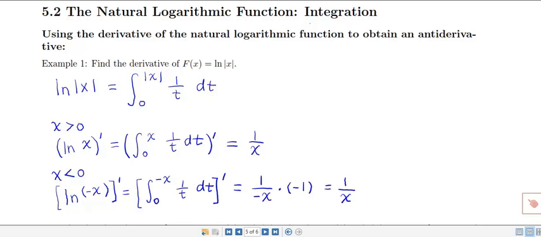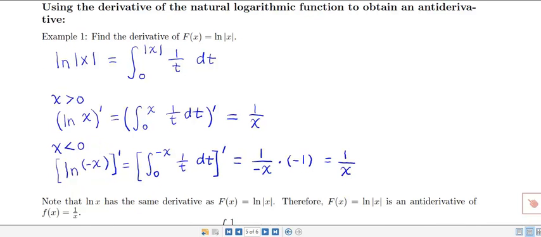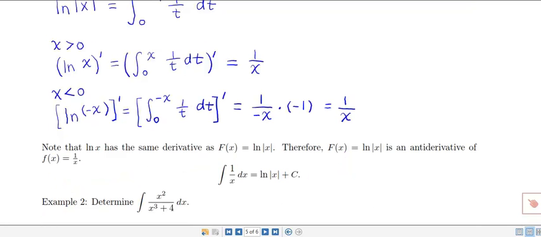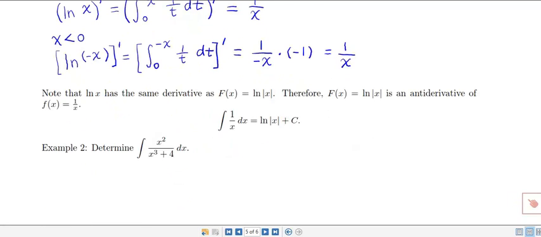So either way, we note that ln of x has the same derivative as capital F of x, which equals ln of absolute value of x. Therefore, we call capital F of x an antiderivative of little f of x equals 1 over x.